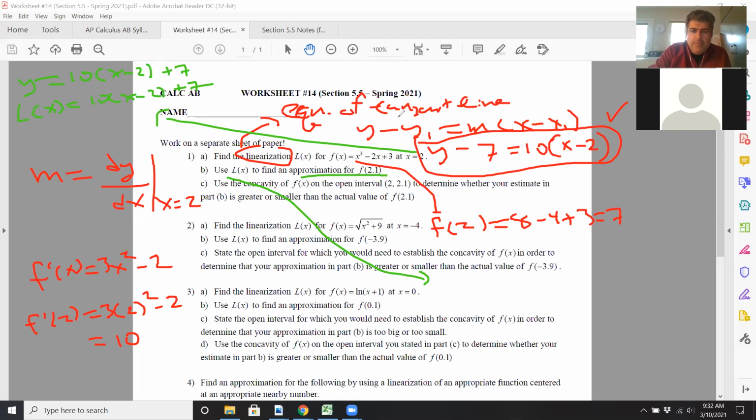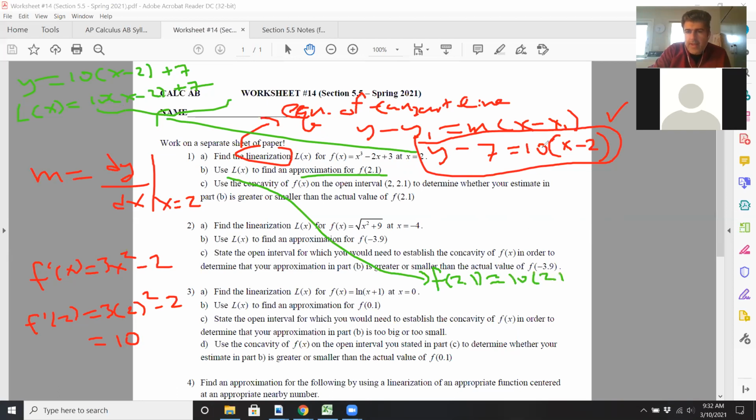Well, that's what I'm doing. Actually, I'm going to erase this because it's being a little distracting. So f of 2.1 is approximately going to equal, so I plug 2.1 into this right here. 10 times 2.1.